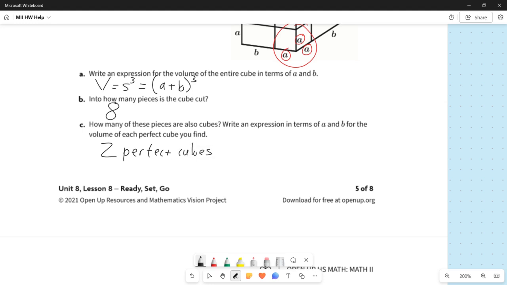Out of these 8 pieces, 2 of them are cubes. One of them has a volume of A cubed, and the larger one has a volume of B cubed.